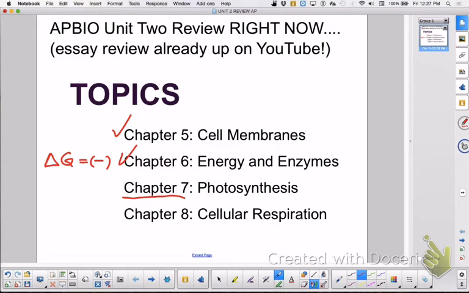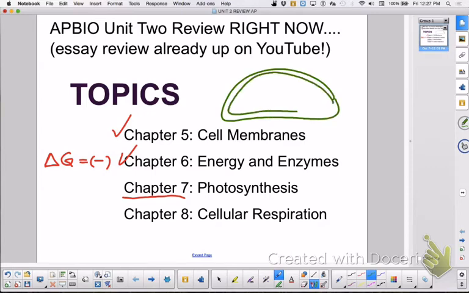So you want to be comfortable with the anatomy of the chloroplast. Remember, you have, okay, on your chloroplast, it's double membrane, yes? Which makes me think about what? The endosymbiotic hypothesis? Is that what you were thinking? Because that's what I was thinking, right?